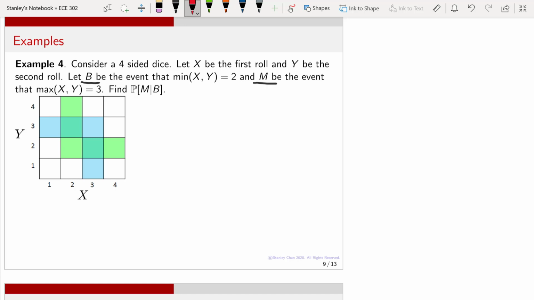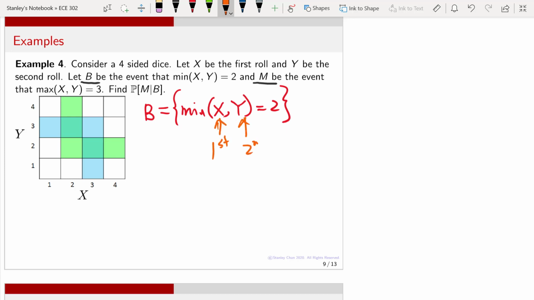Okay, so first of all, let us try to understand this event B and this event M. What is event B? B is the event that the minimum of the first roll and the second roll is 2. So this is first and this is second. Let us do some thinking here.